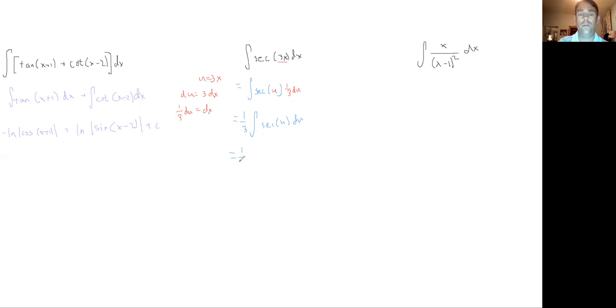So 1/3 times the natural log of secant u plus tangent u. And then we plug it back in.